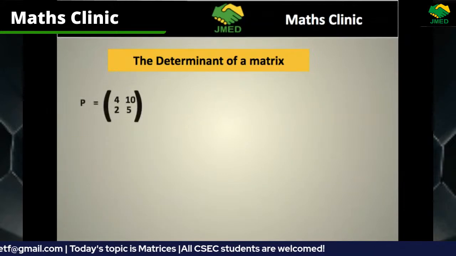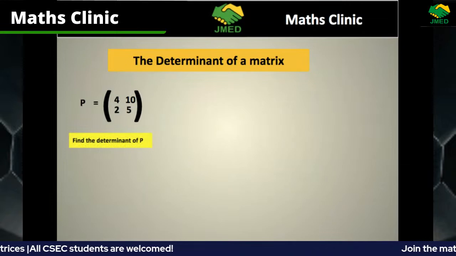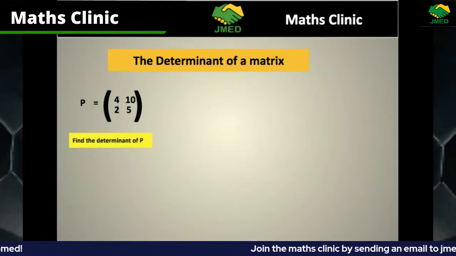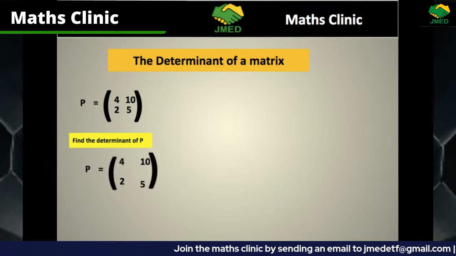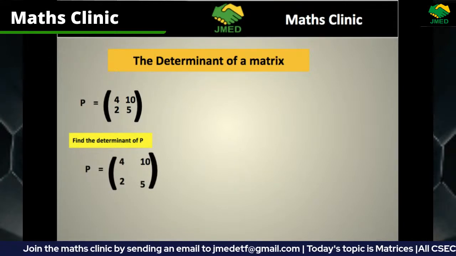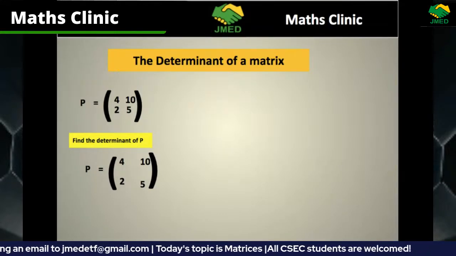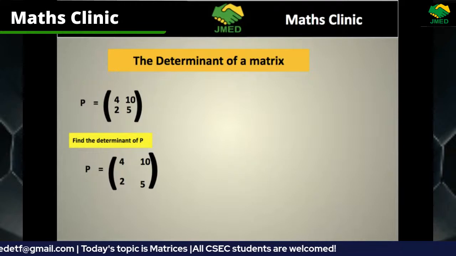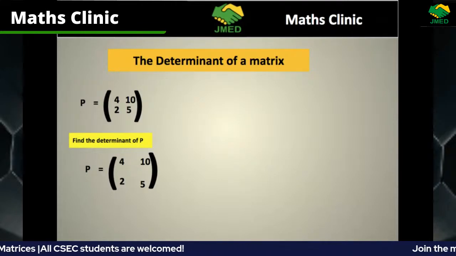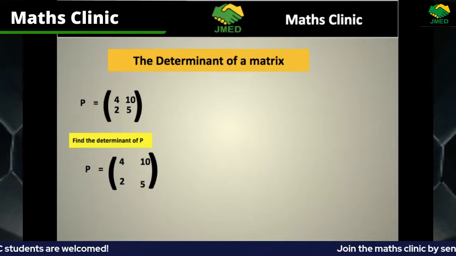Oh, I have one nice question for you here. Find this determinant for me quickly. Find the determinant of P. Somebody say it's going to be 0.